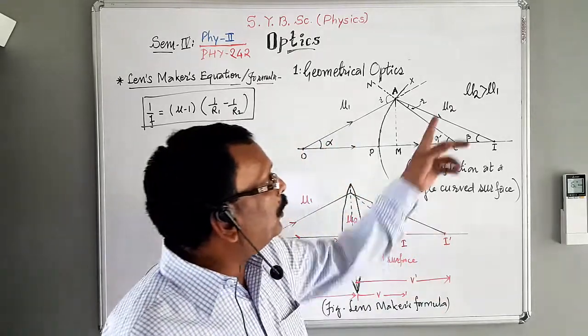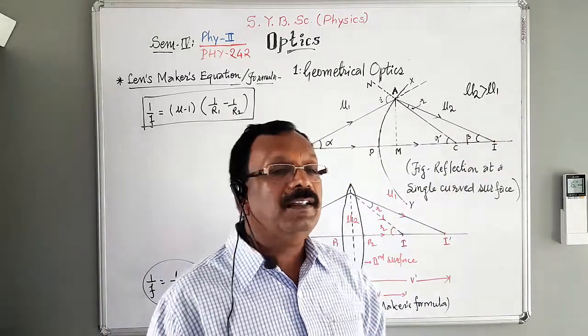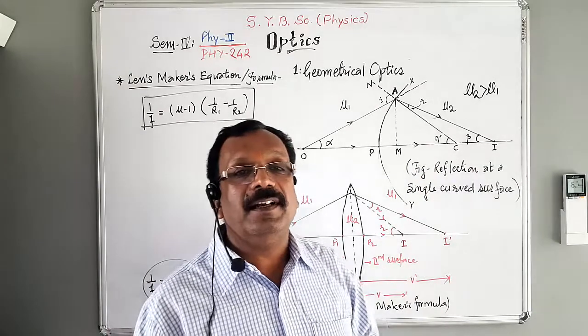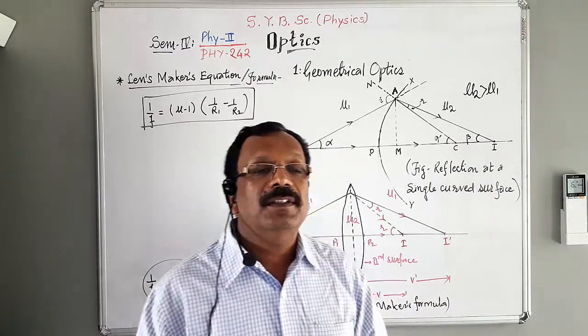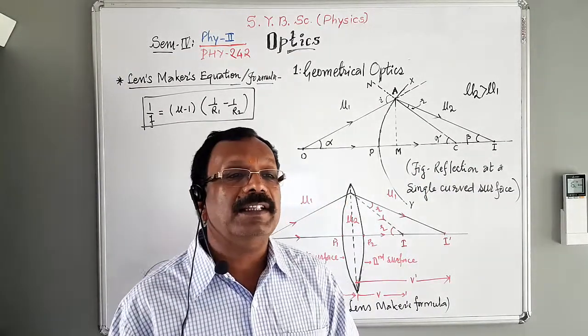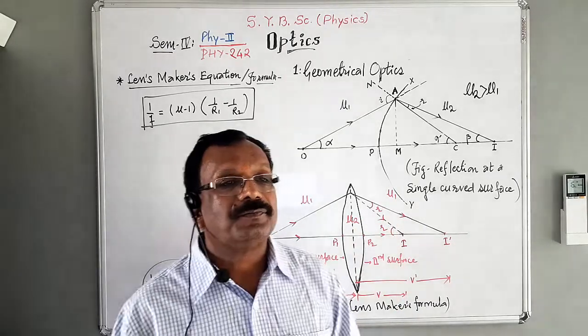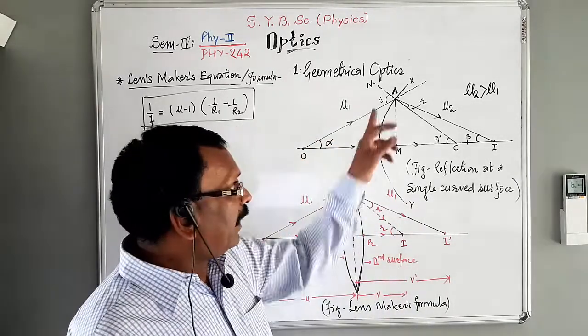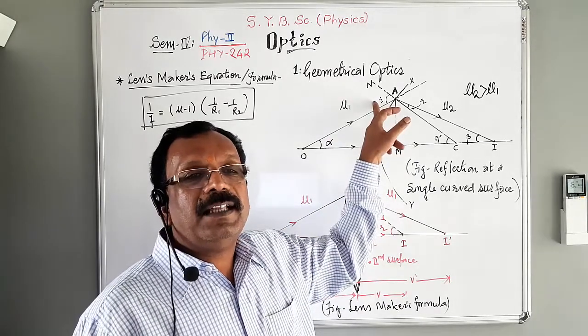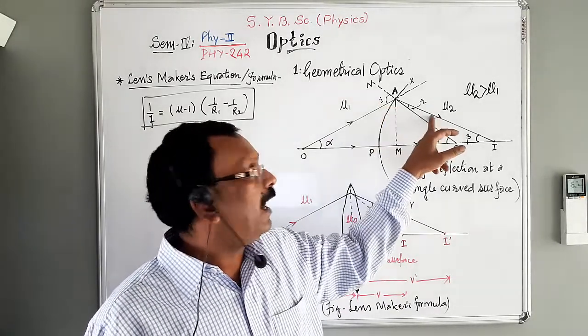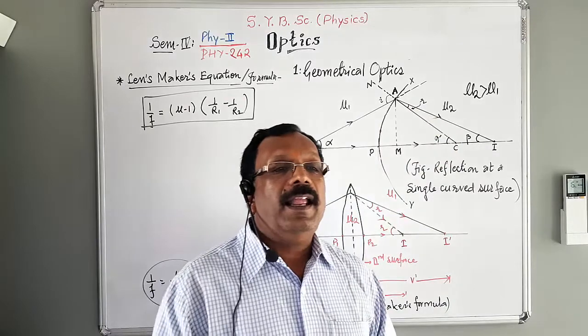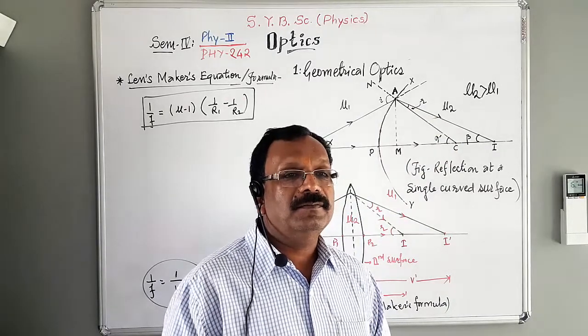Let mu2 be greater than mu1, and the curved surface be spherical with center of curvature C and radius of curvature R. In this figure, angle I is the angle of incidence and angle R is the angle of refraction.